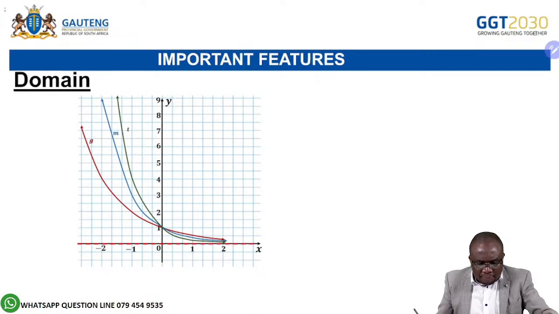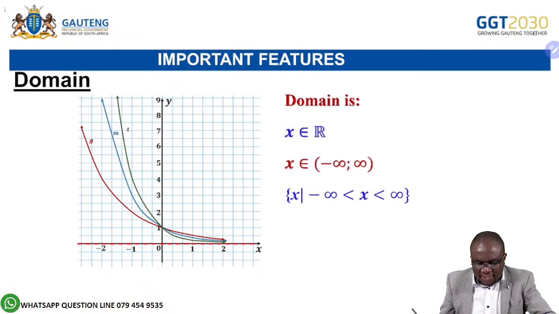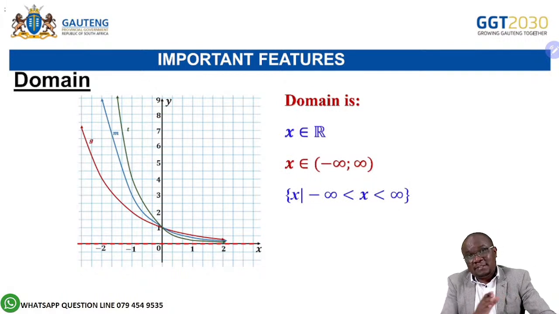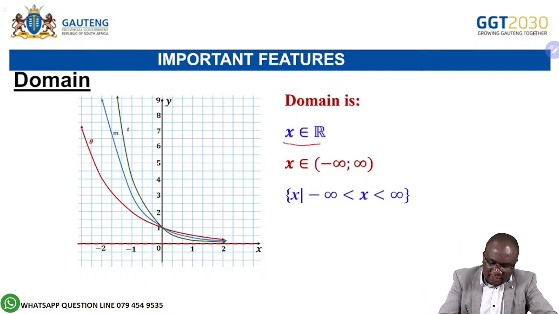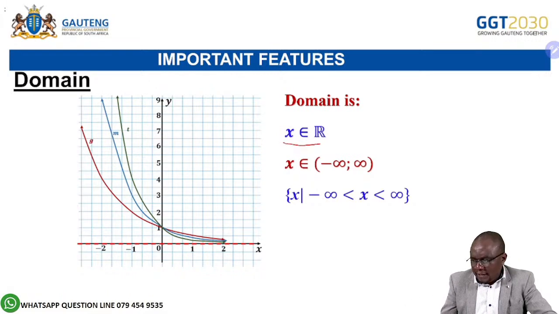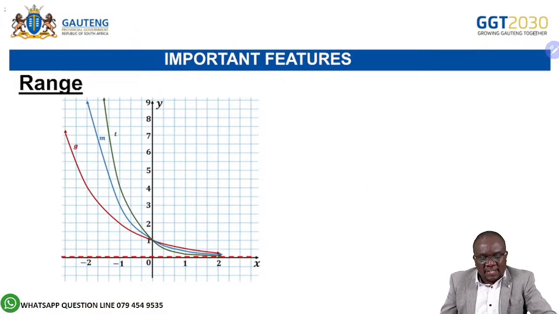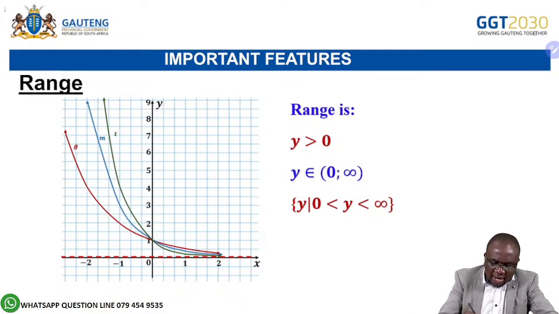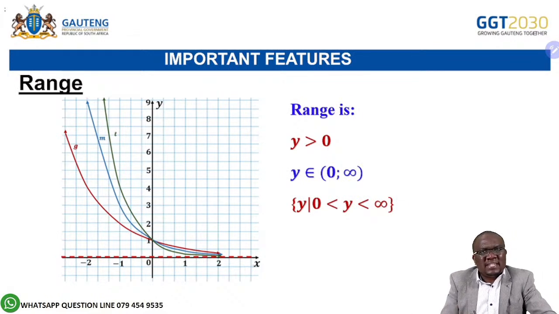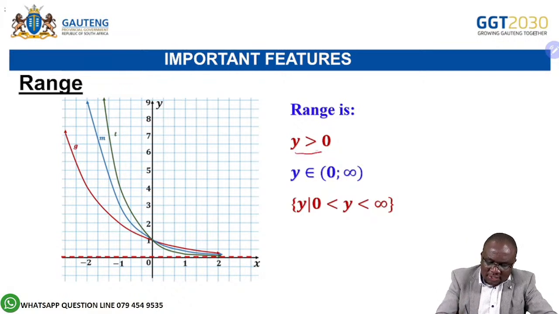So the domain is the same: x is an element of negative infinity to infinity, or x is a real number. The range will be the same: y greater than 0, because the graph will never touch the line y equals 0. So y is greater than 0, and 0 is not included.